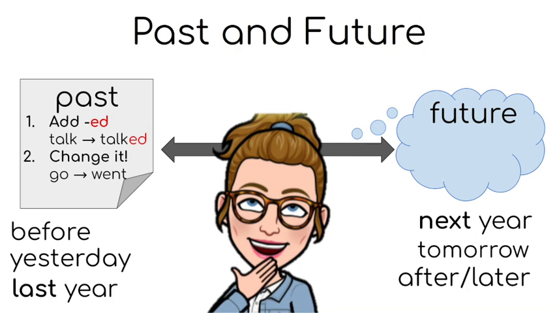We know that when we write in the future, we need to add will in front of the verb to express something for the future. Okay? And if you're not feeling too sure about this, you can go back and watch that video from last week, which has a good review of the past and the future verb tense. Okay? We're going to practice now.